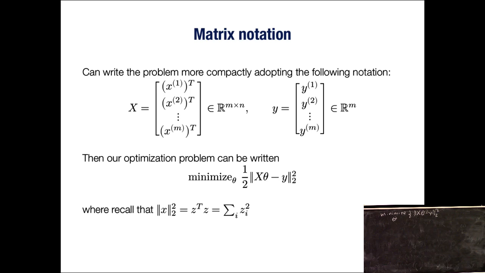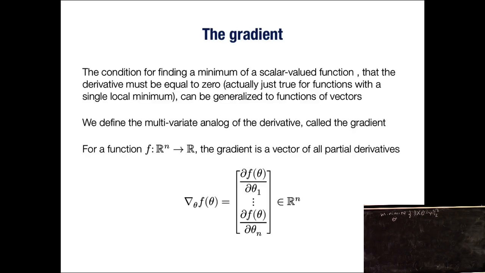And we're going to do this exactly by taking derivatives and setting them equal to 0. But it turns out that doing that term by term gets very cumbersome. And there's very nice notation for doing this directly as a matrix expression. And so that's what we're going to do here. And this leads us to something called the gradient.